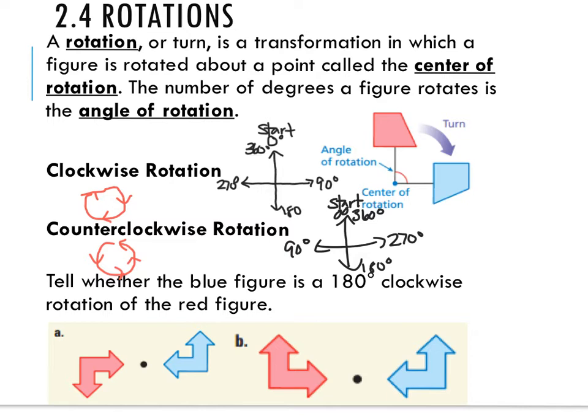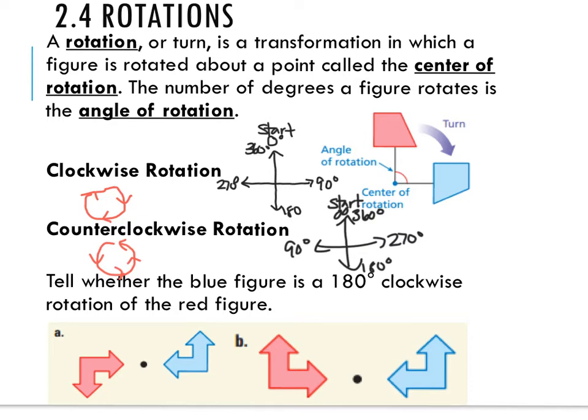In the bottom examples here, it says, tell whether the blue figure is a 180-degree clockwise rotation of the red figure. So we need to imagine this red figure turning 180 degrees.